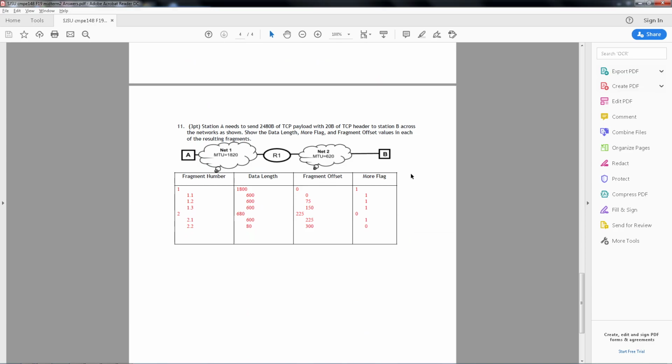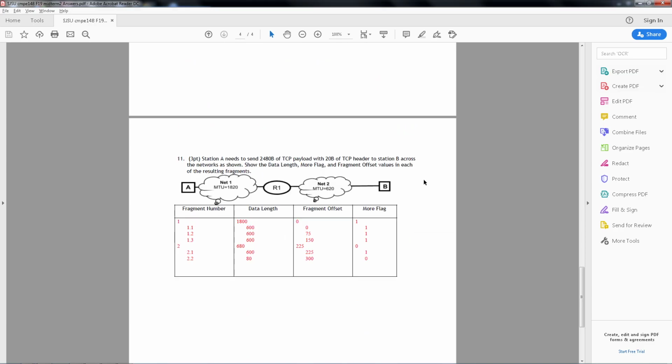Alright, and so the last question right here is the fragmentation question. I think this is going to be the one that trips up the most people.